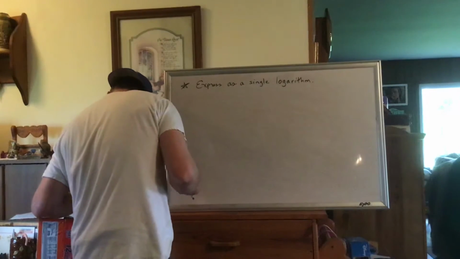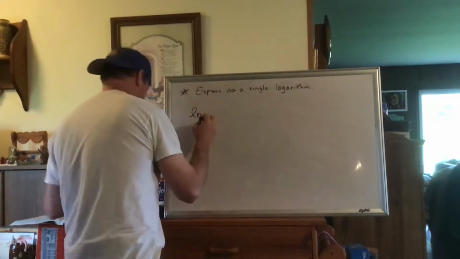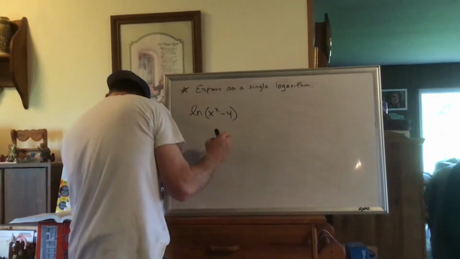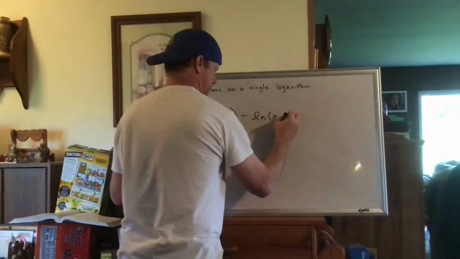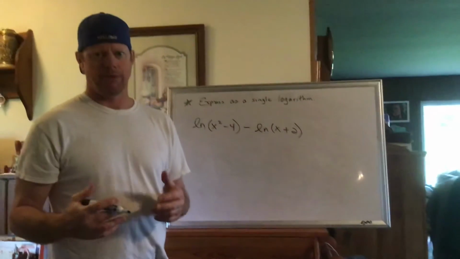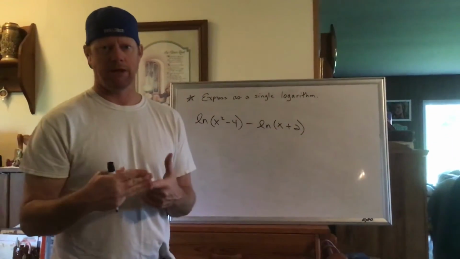And these properties even work with natural log. Logs and natural logs have the exact same properties. All right, yesterday I talked about the product rule, the quotient rule, and the power rule.